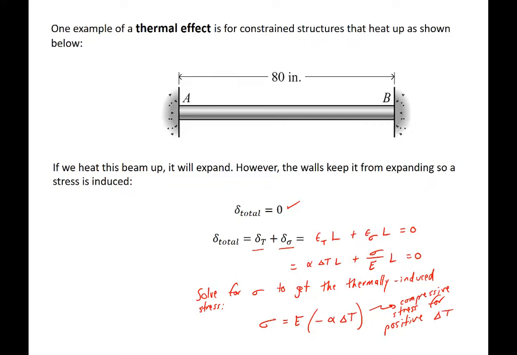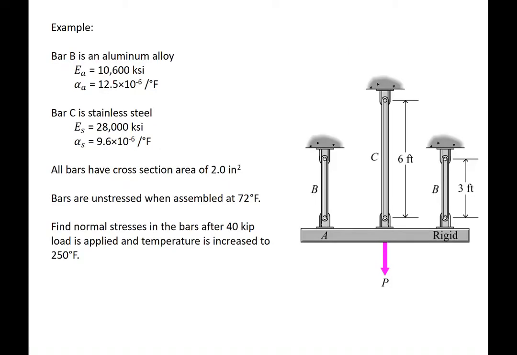If this thing heats up and it tries to push against the walls, the walls are going to push back and give it a compressive stress. So let's take a look at another example here. This example has two different kinds of bars.